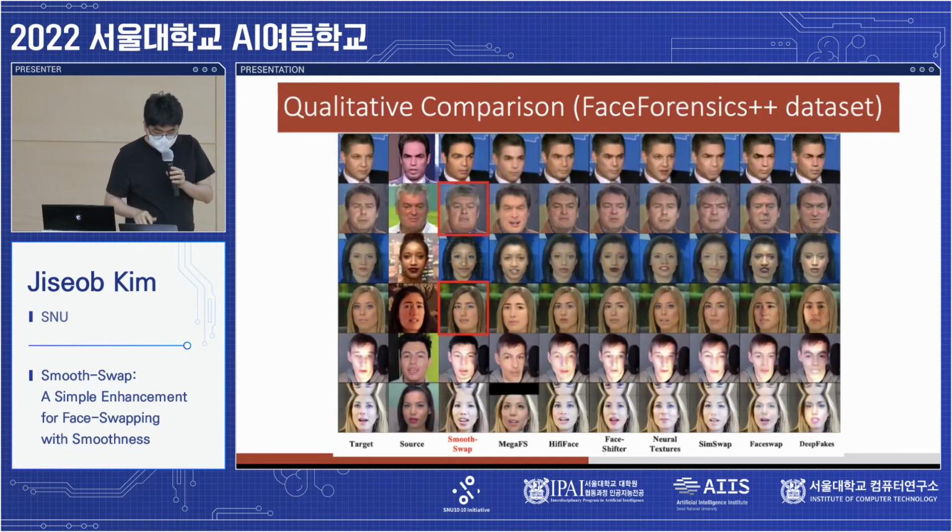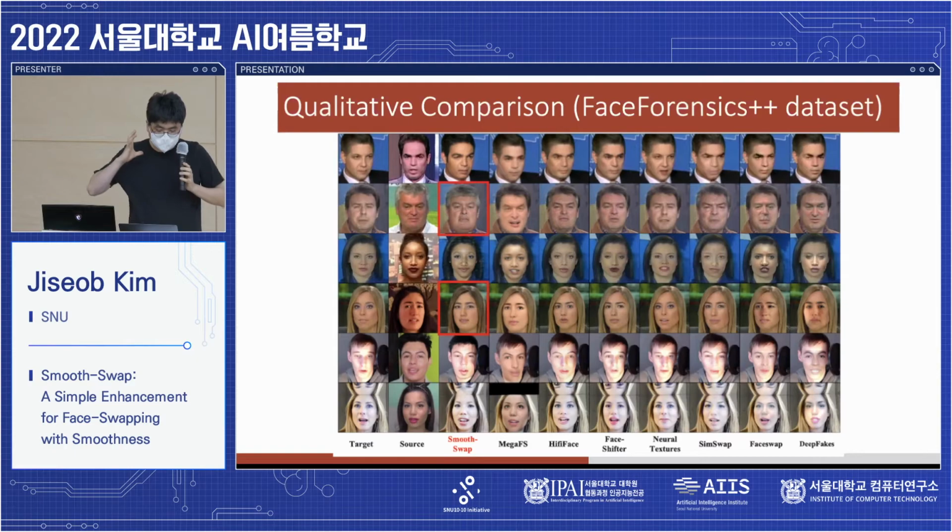And let's see some experimental results. If we qualitatively compare our model's results with the previous models, our model shows much more active change in face shape. For example, shown in the red box, we can see that the shape of the chin of the generated image faithfully follows that of the source image.